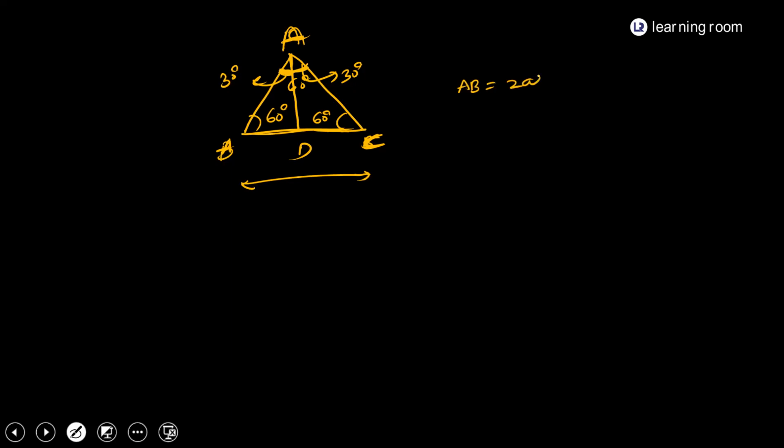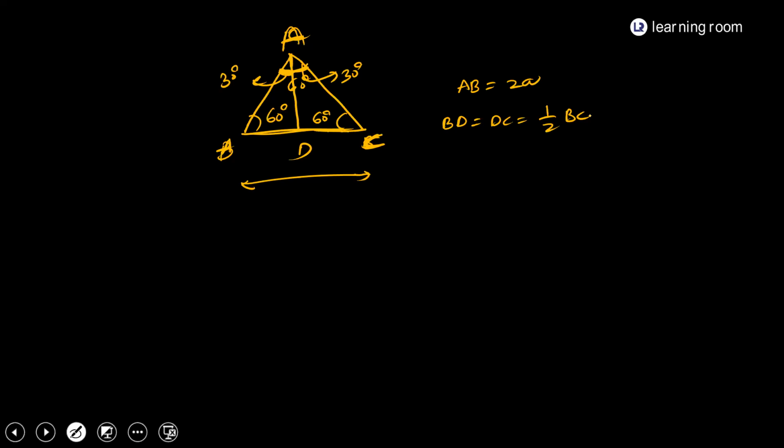So what is BD? BD equal to DC equal to half of BC, right? I think this is not AB.